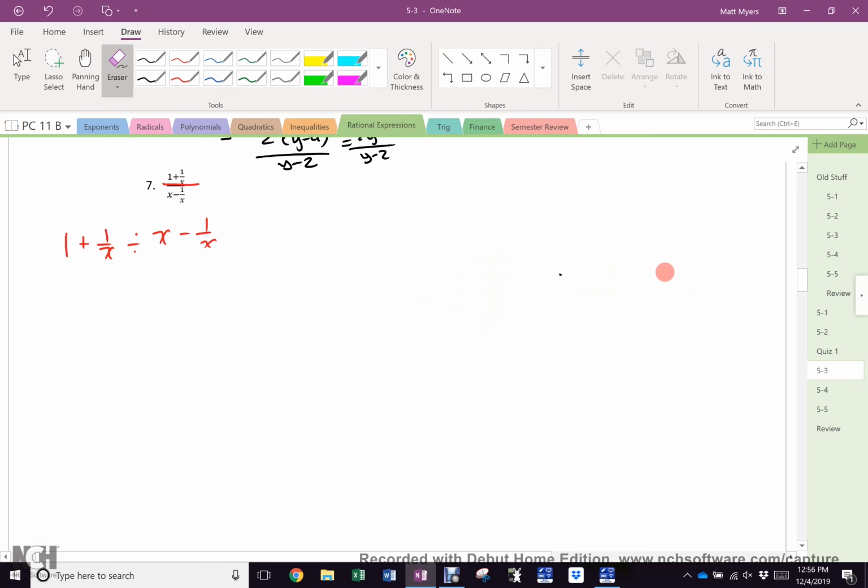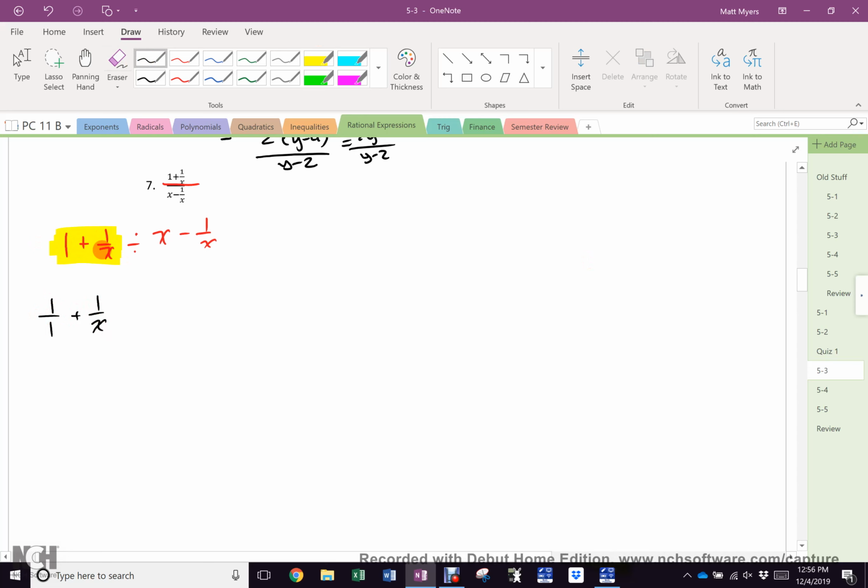So again, if you have an idea of what to do when it's easy, why wouldn't you try that when it's difficult? So what do you think you should do here? Simplify it. Okay, well, what is this guy's denominator? 1 over 1 plus 1 over x.